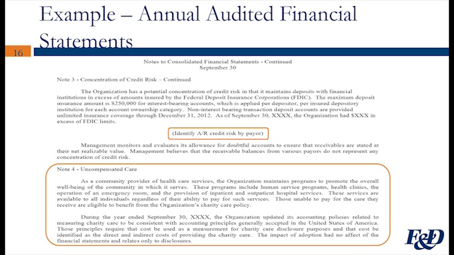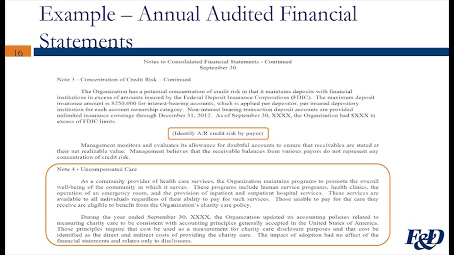And the Financial Accounting Standards Board actually changed the disclosures around charity or uncompensated care within the last year. And that change is really what is being reported as charity care and what the relevant measure of charity care is. Previously, most organizations reported charity care on a charge basis, what the charges were that they lost by providing free care.